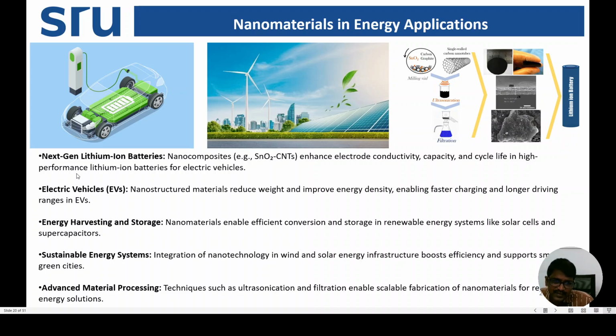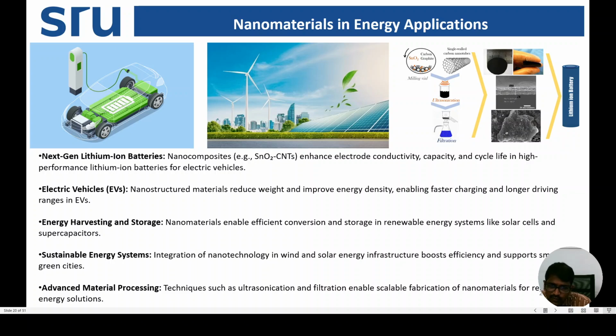In energy applications, it is not only the electric vehicle battery. For example, if you want to make an efficient solar cell, it should absorb more energy from sunlight and convert more light into electricity, right? So the properties will change.